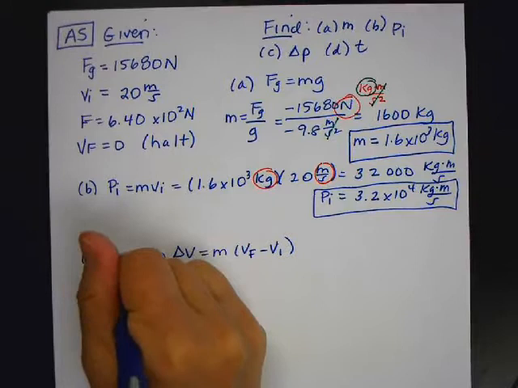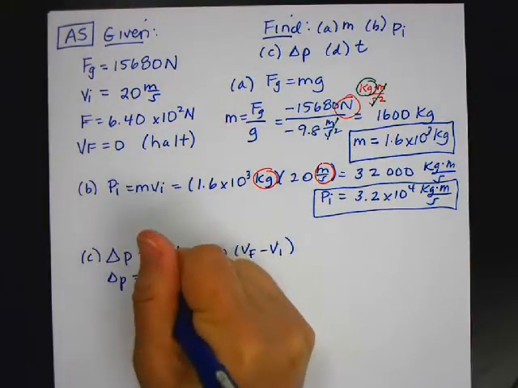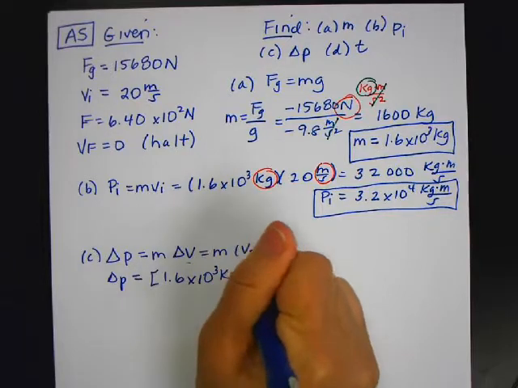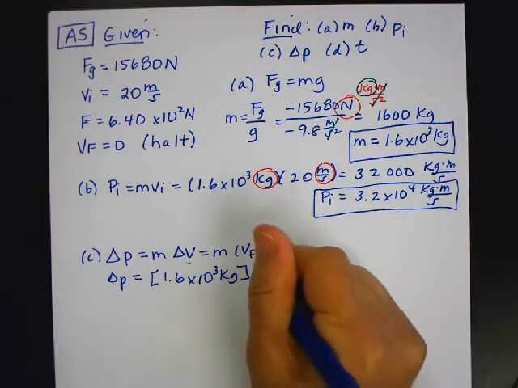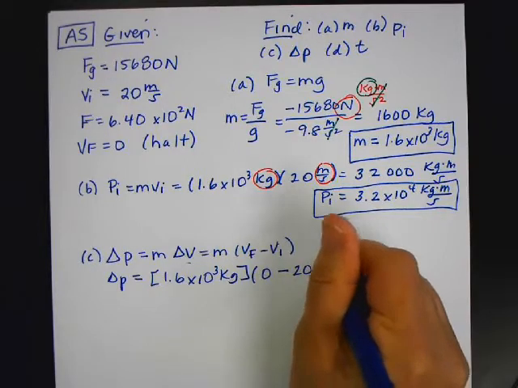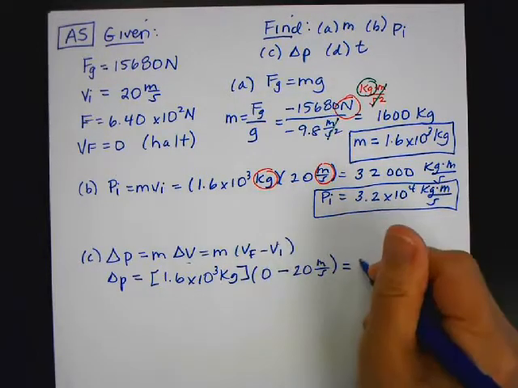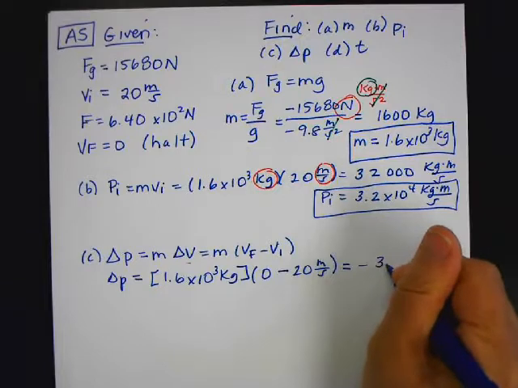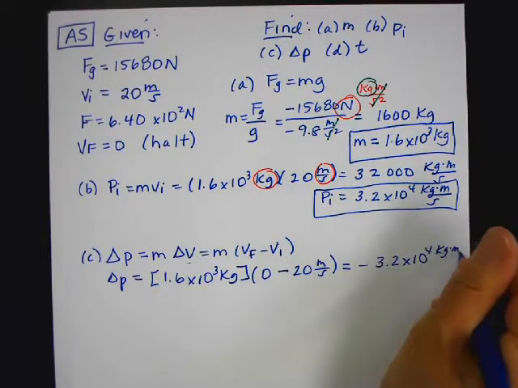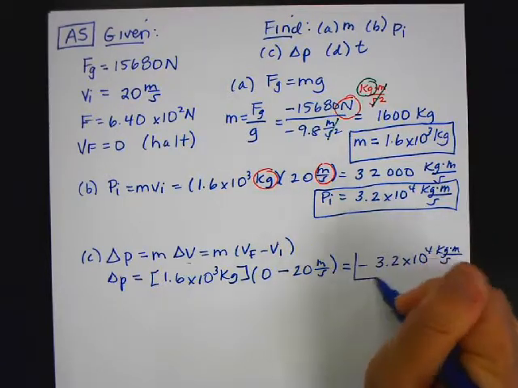So delta P is going to be 1.6 times 10 to the 3 kilograms times VF, which is 0, minus 20 meters per second. Now, if I use my negative, then I would get negative 3.2 times 10 to the 4 kilogram meters per second. And that's just the change.